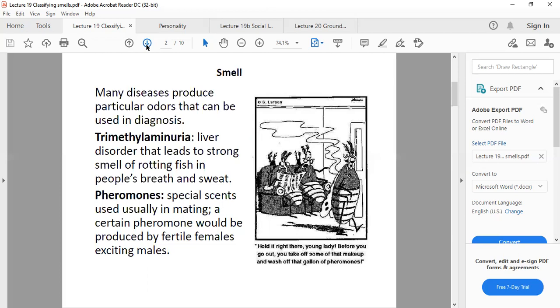A certain pheromone will be produced by fertile females, exciting males. So that's why you see this example right here. "Hold it right here, young lady. Before you go out, take off some of that makeup and wash off that gallon of pheromones." They're trying to relate to this, that it excites quite a number of males.